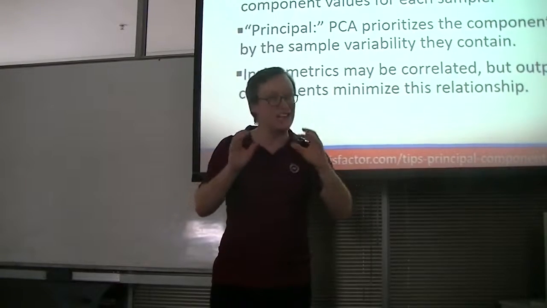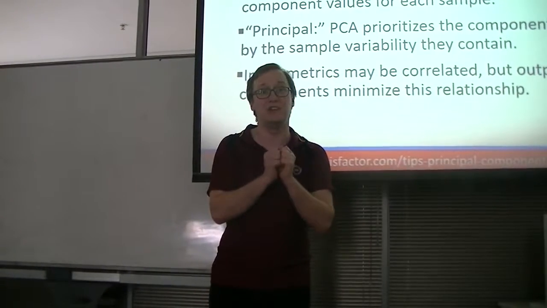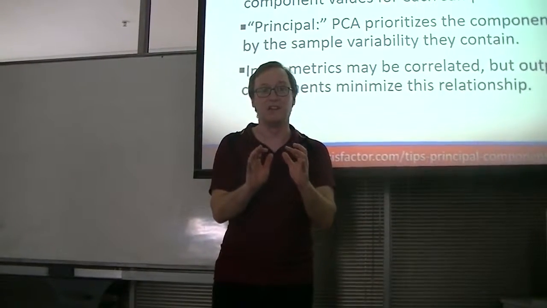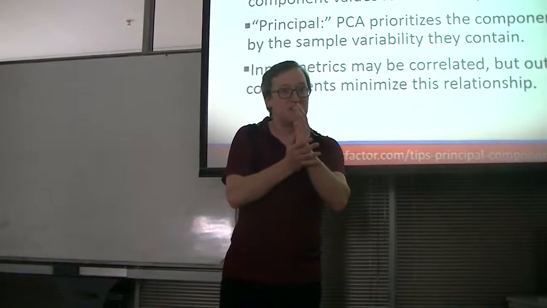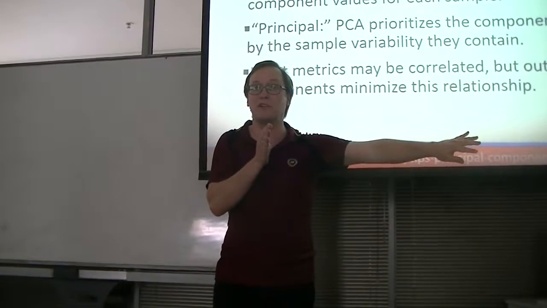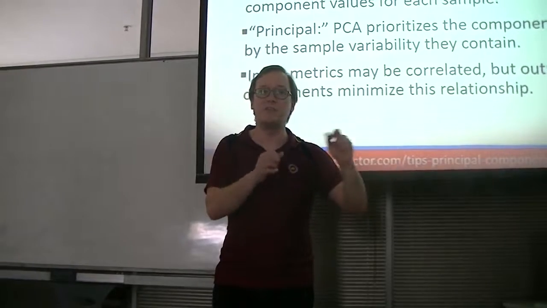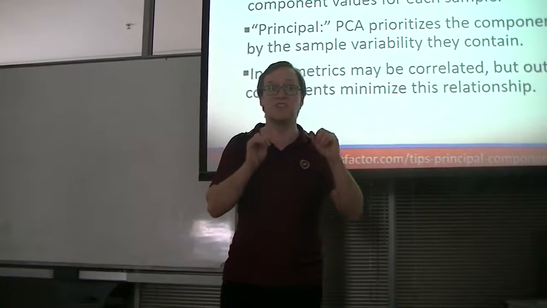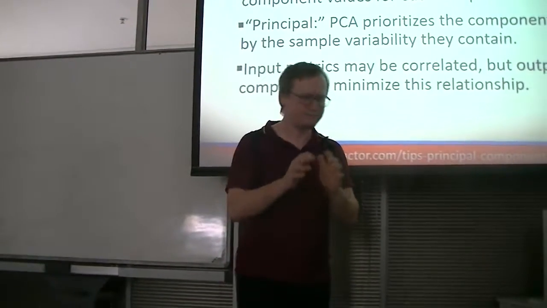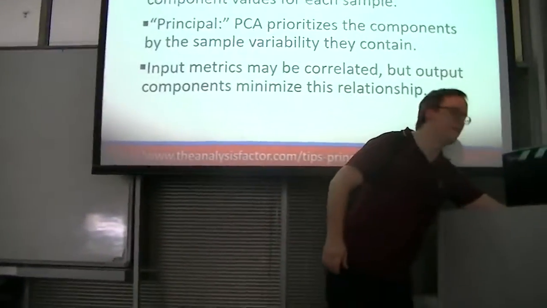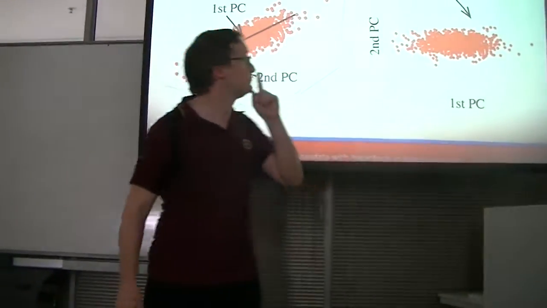Okay? That in a nutshell is the key thing I would like you to take away from today. You have some number of measurements that come in, you have the same number of components that come out, but now they've been prioritized in terms of the amount of variance they explain. Alright, we will try to unfold that slide by slide.